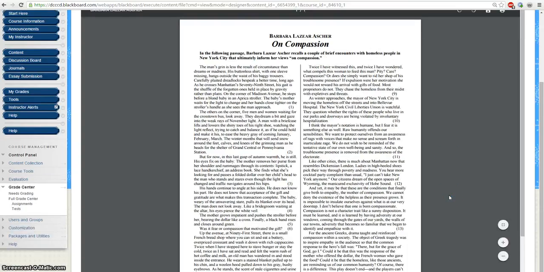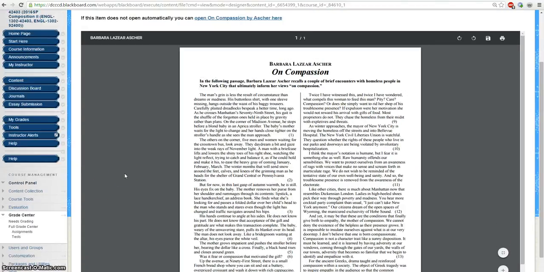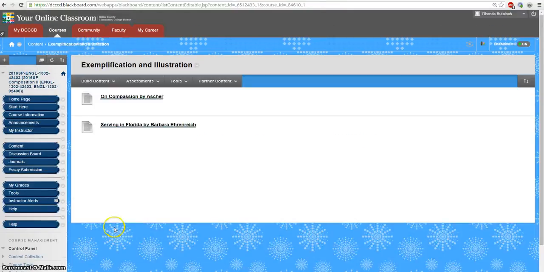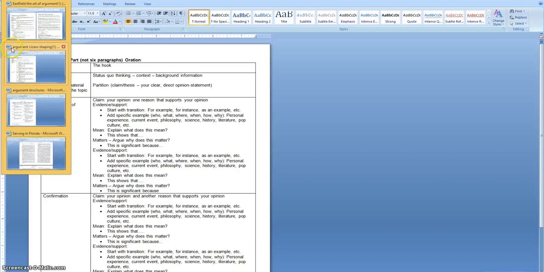It's one page, and she describes her encounters with some homeless people in her city, and she develops an argument on how compassion is developed. It's short and sweet. The other piece, Serving in Florida, is a little bit longer.